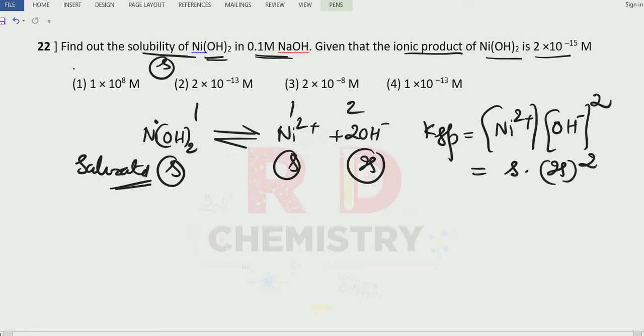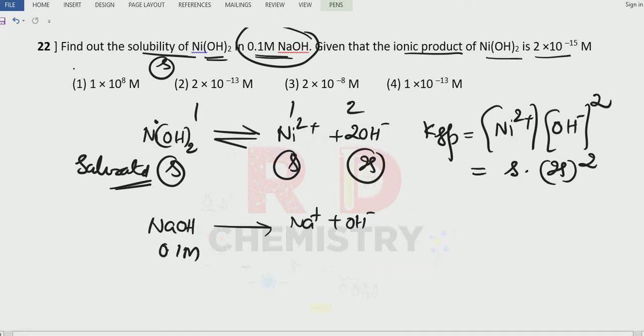Now it is not dissolved in water, it is there in the 0.1 molar sodium hydroxide solution. So let me also write sodium hydroxide. Sodium hydroxide is a strong electrolyte, dissociates to give sodium ions and hydroxide ions. If I take 0.1 molar, sodium hydroxide gives 1:1 ratio, 0.1 molar here, 0.1 molar the hydroxide ions. Now this is the entire solution.